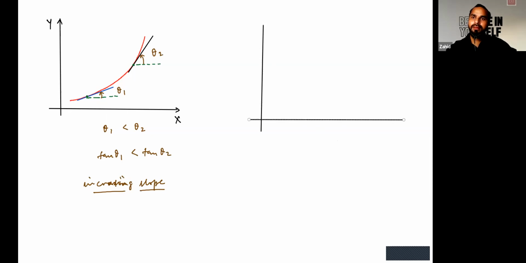Okay. The next thing is, if we define this particular curve like this, just draw a tangent at different instants. Suppose at this particular instant, and then later at this particular instant, like this.